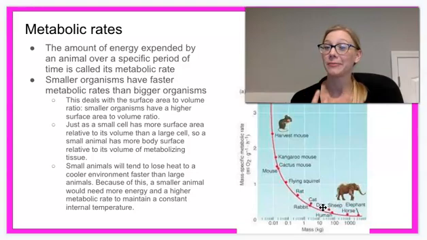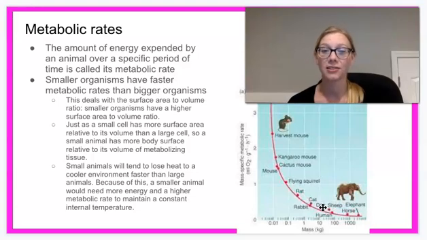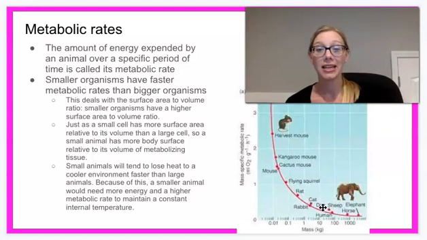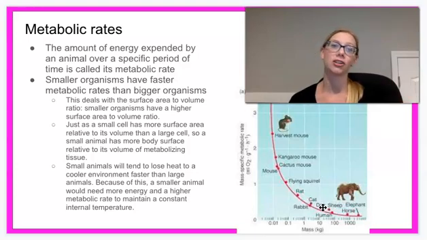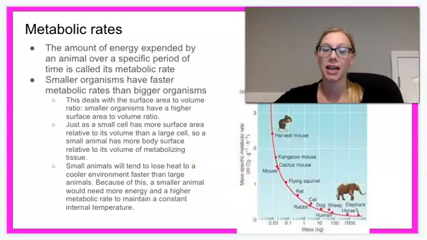So what does that mean? It means that small animals tend to lose heat to cooler environments faster than larger animals do. And because of this, smaller animals need more energy and a higher metabolic rate in order to maintain a constant internal temperature in their body. They have to be able to process energy, if you will, faster.